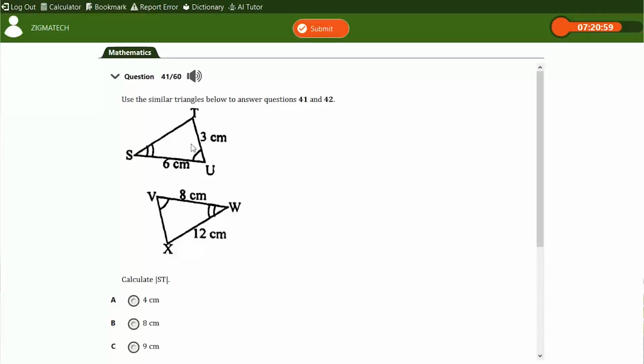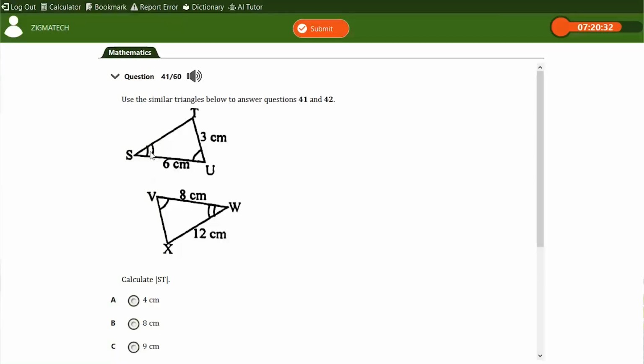So if we look at the two triangles, the first triangle is triangle TSU, and the other one is triangle VXW. Now, in solving similar triangles, what you should look at is to get the positioning of each of the parameters that is in both angles, okay?